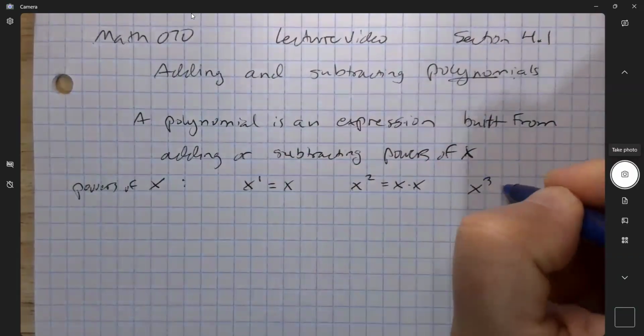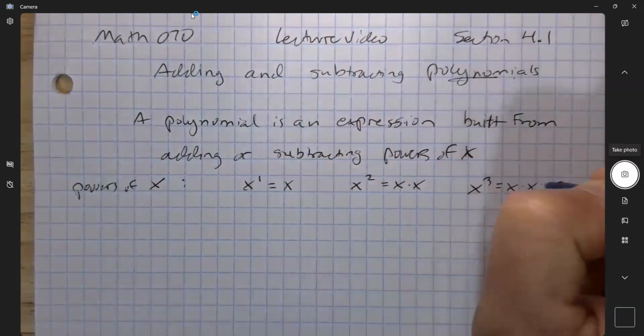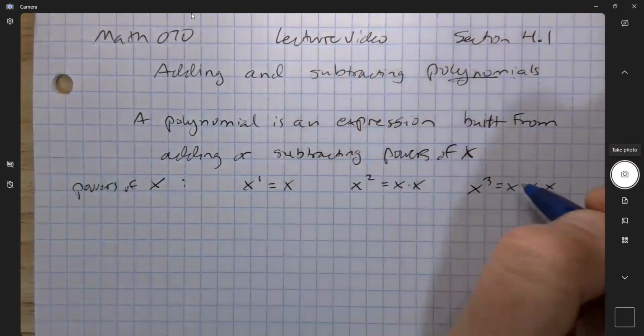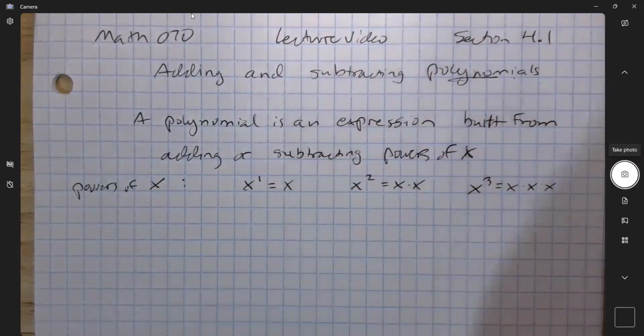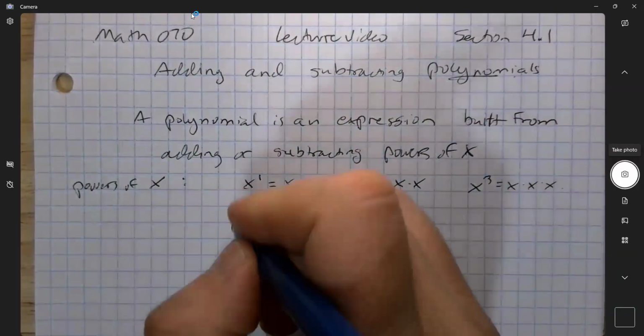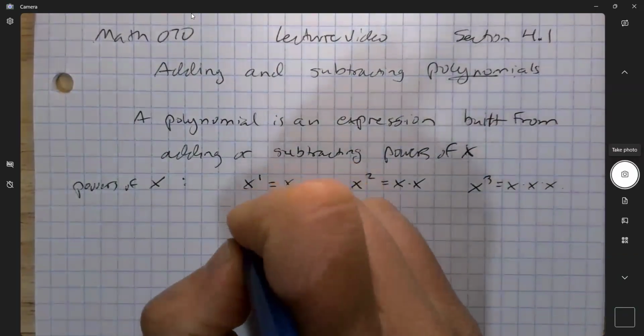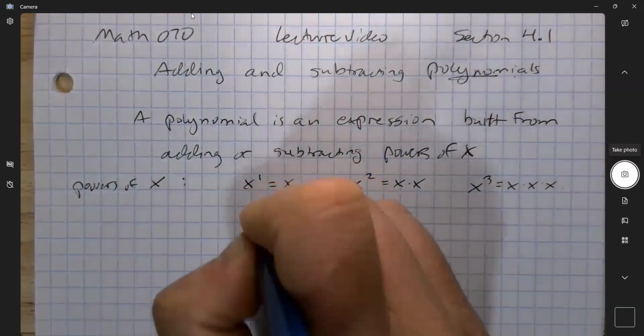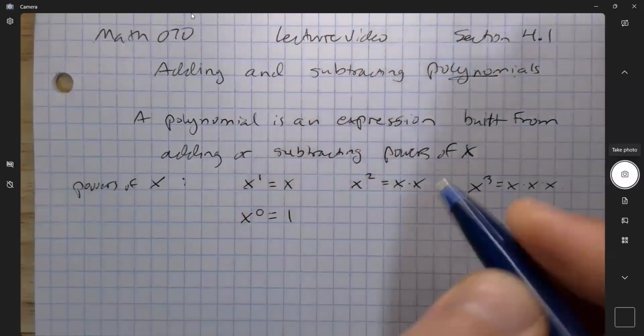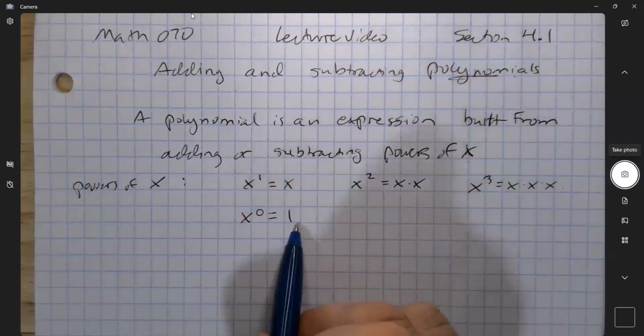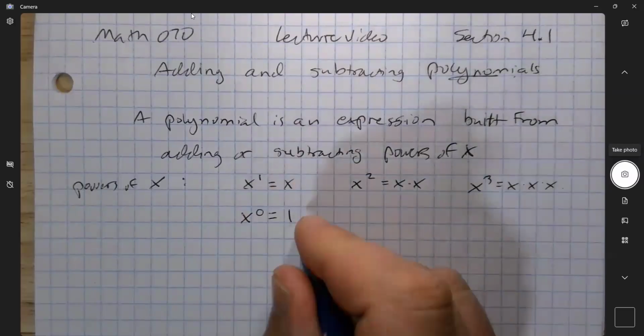X cubed is a power of x. And we can keep going as high as we want. We can go x fourth, x to the fifth, x to the sixth, etc. Constant values are actually power of x because x to the 0 equals 1. And so that value 1 right there is actually power of x.